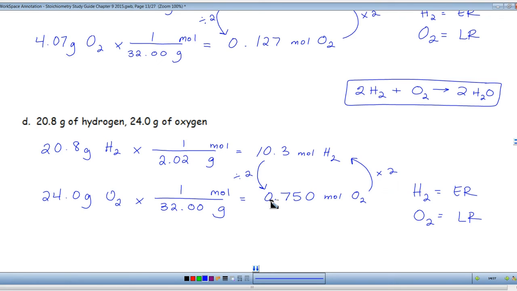Well, 10.3 divided by 2 is still around 5. I would need 5 moles of oxygen. I don't have that. I have nowhere near that amount. So if you don't have enough, then oxygen is your limiting reactant.